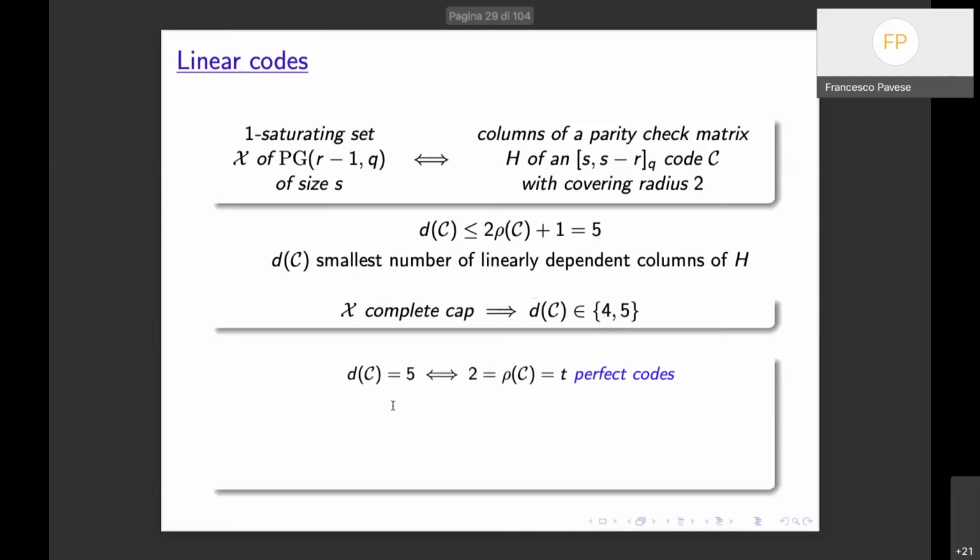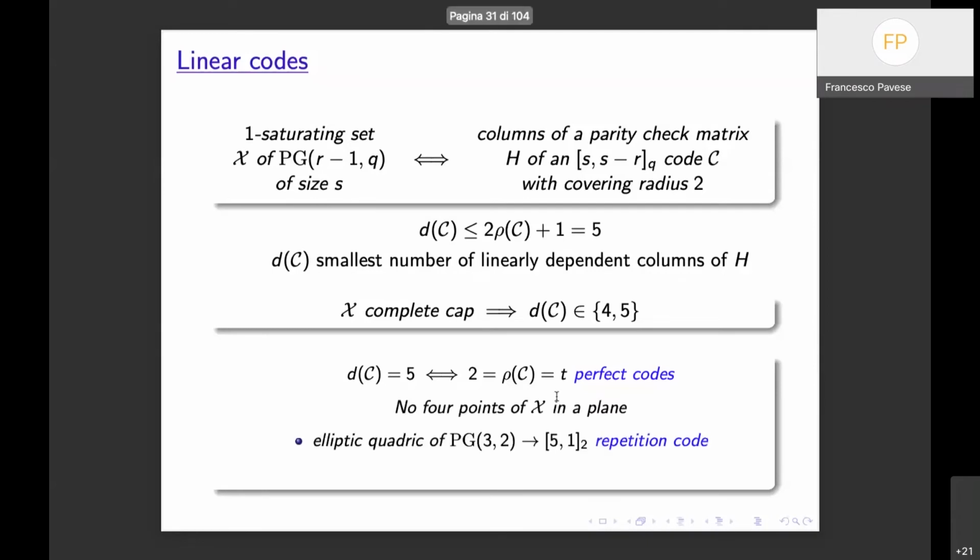If the minimum distance is 5, then the code is said to be perfect. And actually, perfect codes have been classified. The property of being a perfect code translates into the geometric property that no 4 points of the cap are in a plane. And the only 2 caps satisfying this property are either the elliptic quadric in PG(3,2) or the 11-cap, complete cap, of PG(4,3).